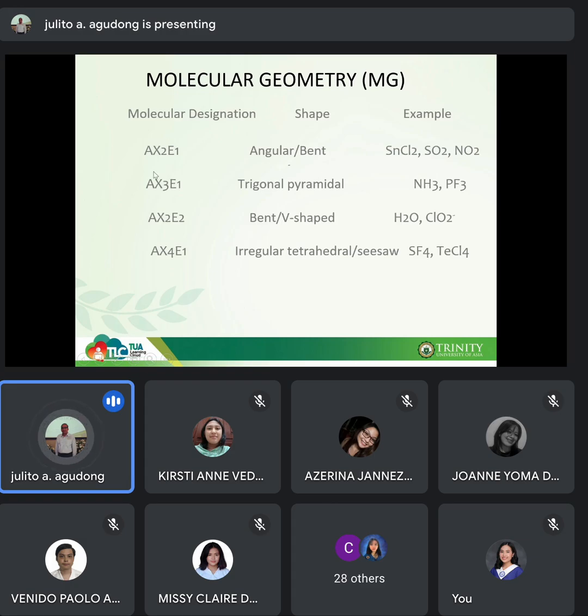Now, if one of the 5 electron domains is a lone pair, the molecular geometry is identified as irregular tetrahedral, or seesaw.